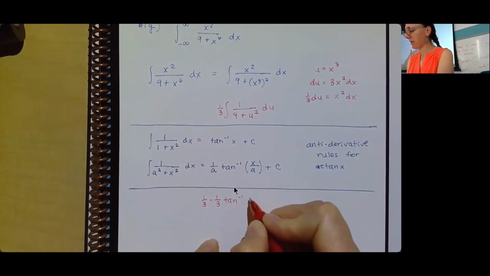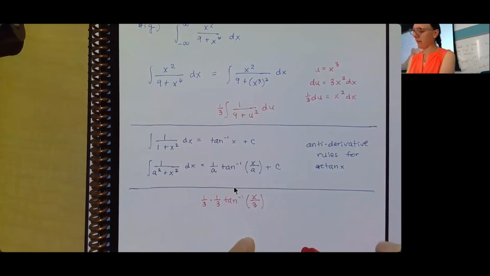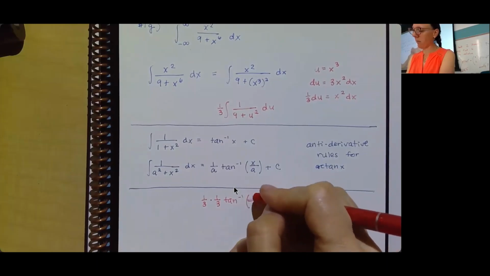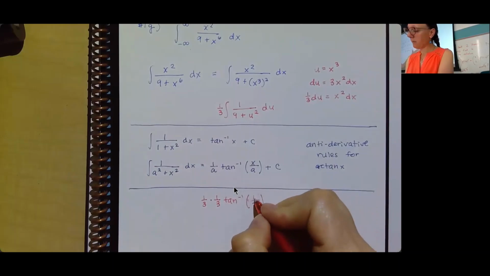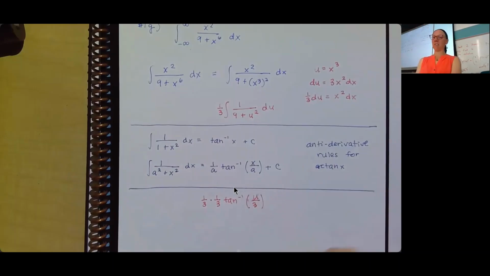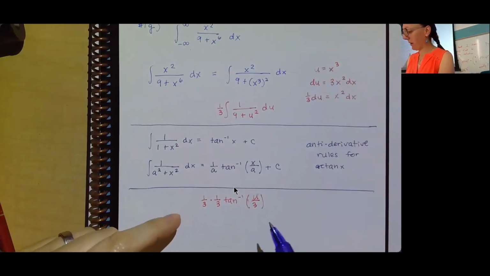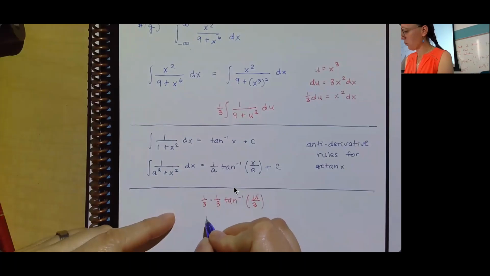Tan inverse of x over 3. Sorry, it's not an x, it's a u. That's why my pen is red at the moment, because I'm writing it in u's. And I would have a plus c, but we're going to have limits of integration, so I'm not going to write my plus c on. But I am going to fill back in what my u was. So this is 1/9 of tan inverse of x cubed over 3.